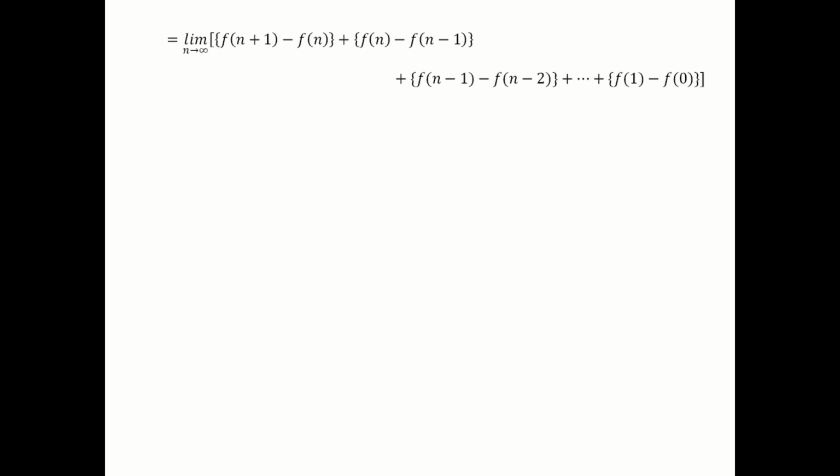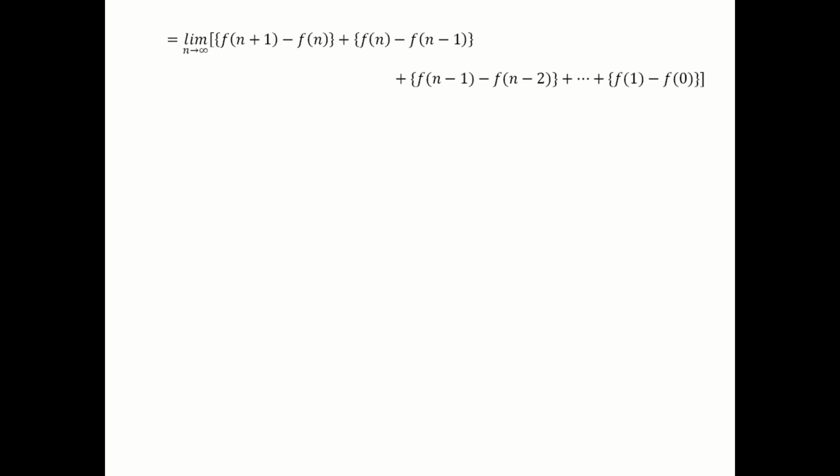Similarly, the next term is f of n minus 1 minus f of n minus 2, etcetera. The last term is f of 1 minus f of 0. So likewise, from 0, 1, 2, 3, etcetera up to infinity. That is why we are taking the limit as n tends to infinity.